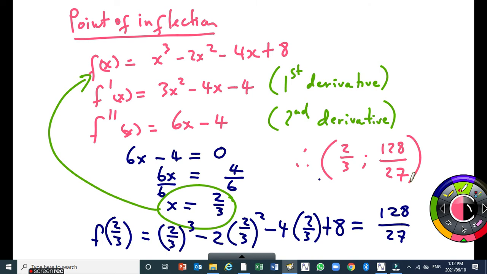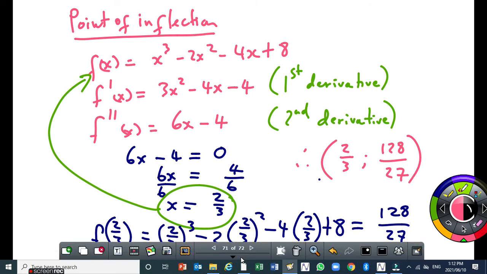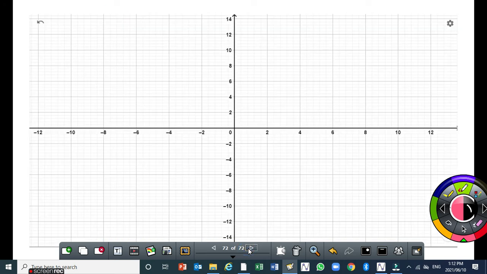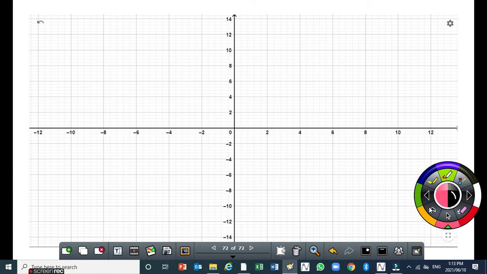Okay? So I've got my graph ready. So the first thing, let's identify the x-intercept. So I said x equal to 2 is here. At this point here, we also have a stationary point.